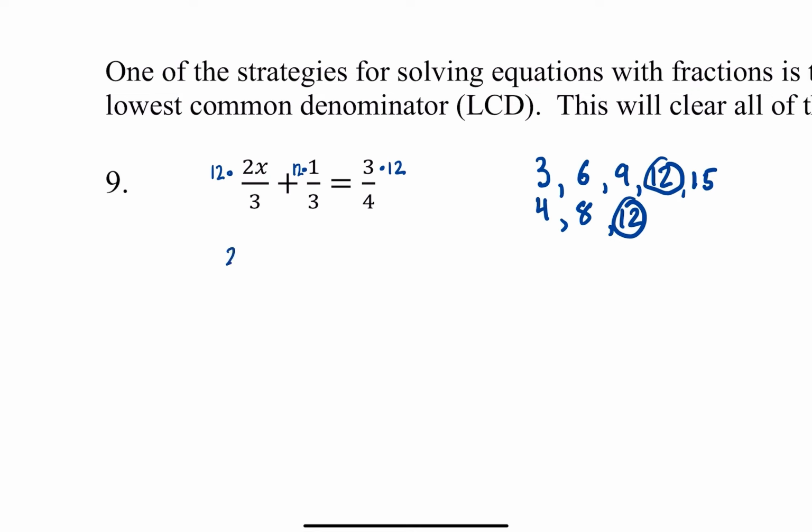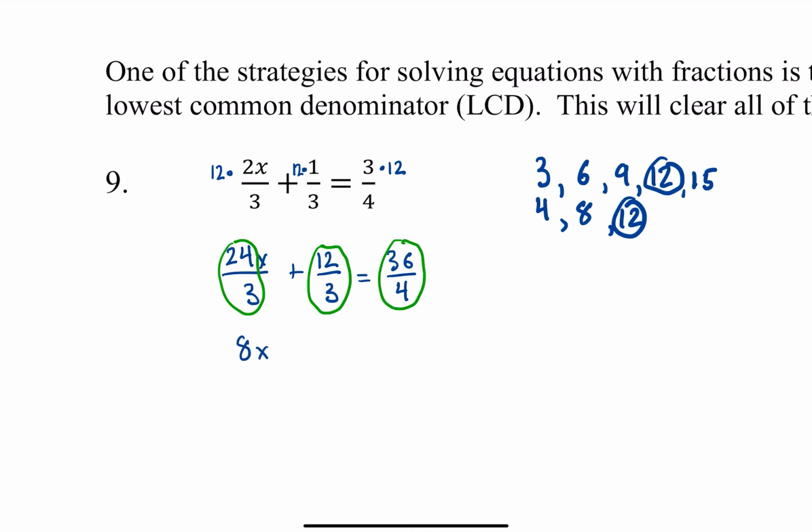So that's going to be 24x divided by 3 plus 12 divided by 3 is equal to 36 divided by 4. And now if you look at all of the numbers, they will evenly divide. So this is going to be 8x plus 4 is equal to 9.